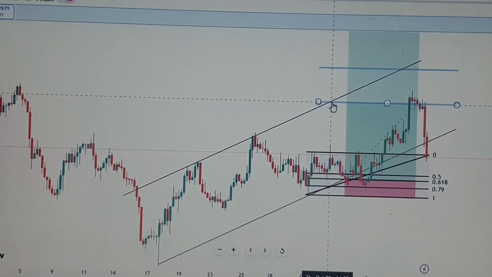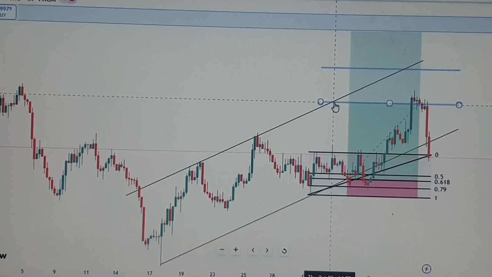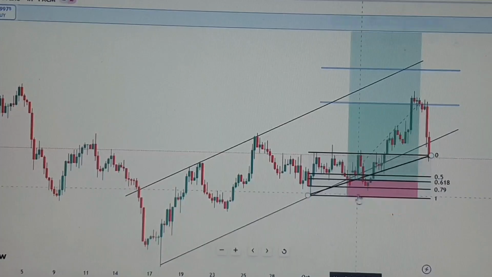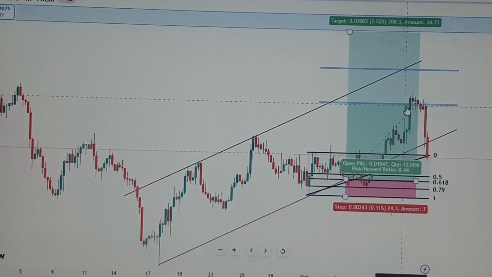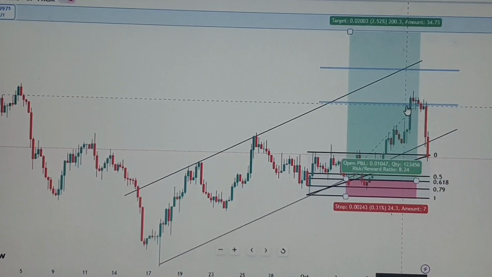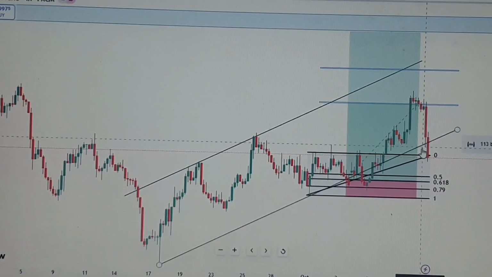So finally it came here, hit TP1, which was 50% of my overall profit target, and then what happened? The market started reversing back.